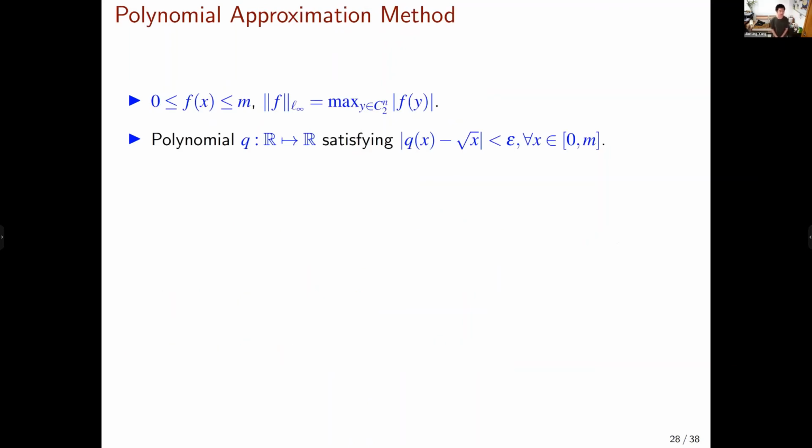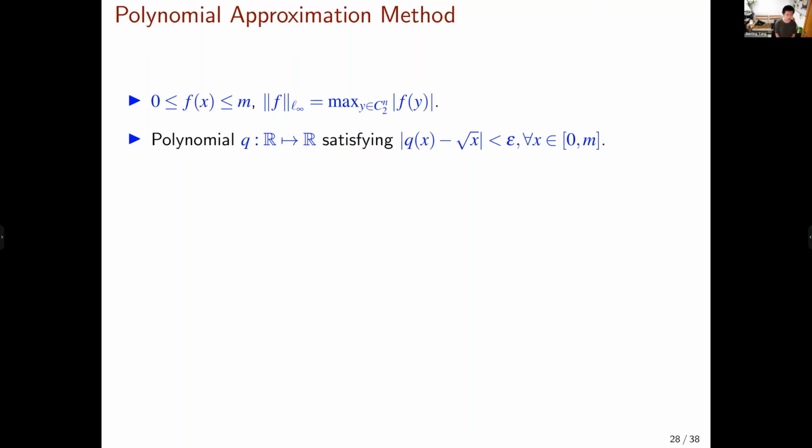So let's consider f, a function on a finite abelian group G, where f is at least 0 and at most m. We define the infinity norm of f to be the maximum absolute value of the function f.